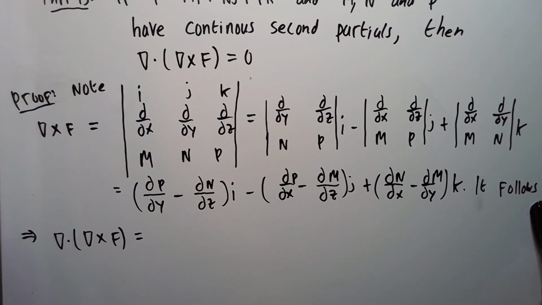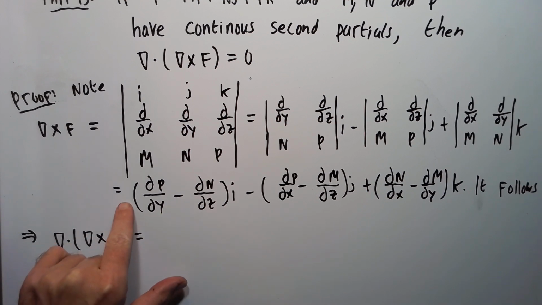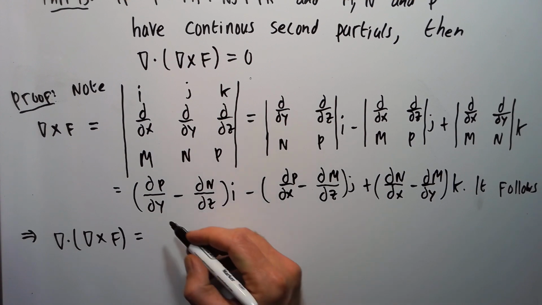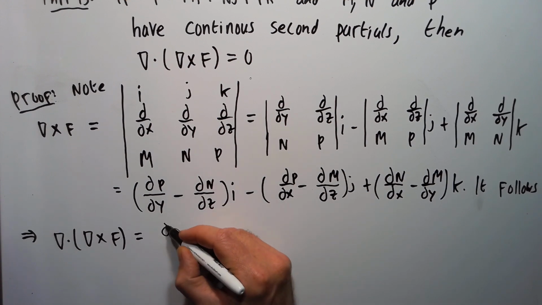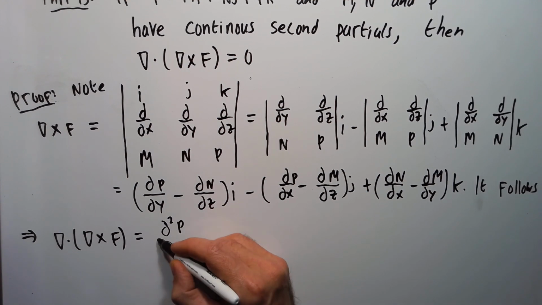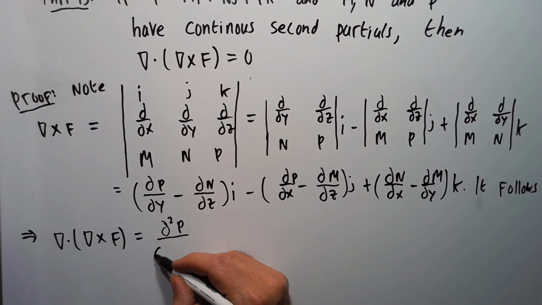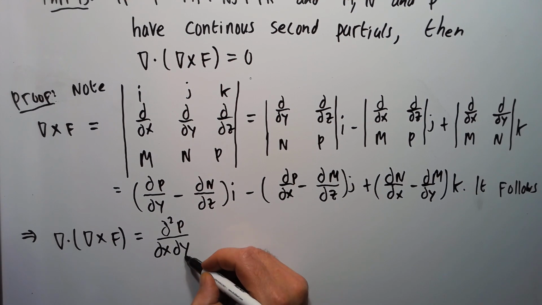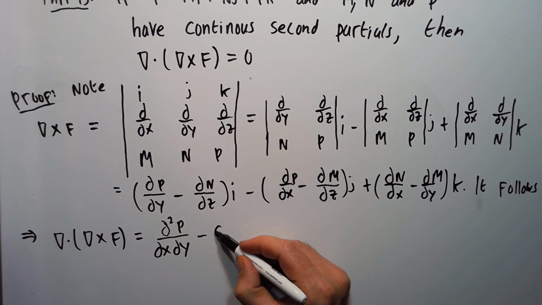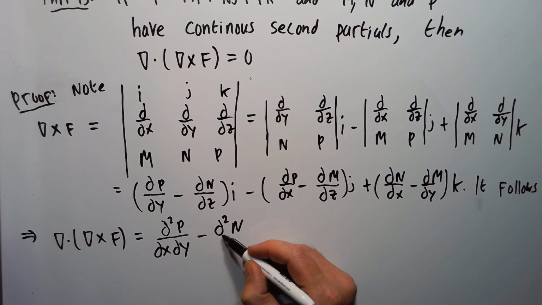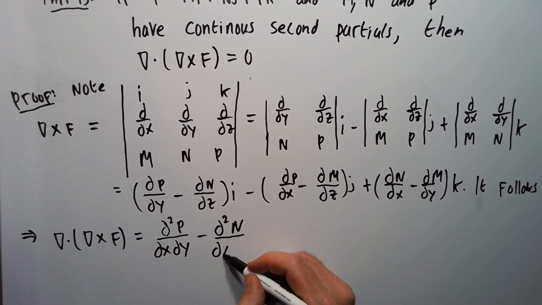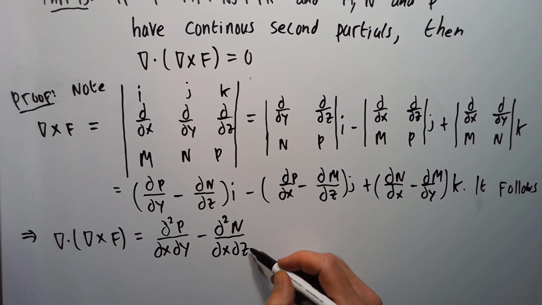So it follows then that the divergence of our curl will be the partial x operator acting on this. So the partial x operator will act on this, and distribute and act on this also. So it'll be partial P, let's put the x here, y, and minus second partial N, partial x, partial z.